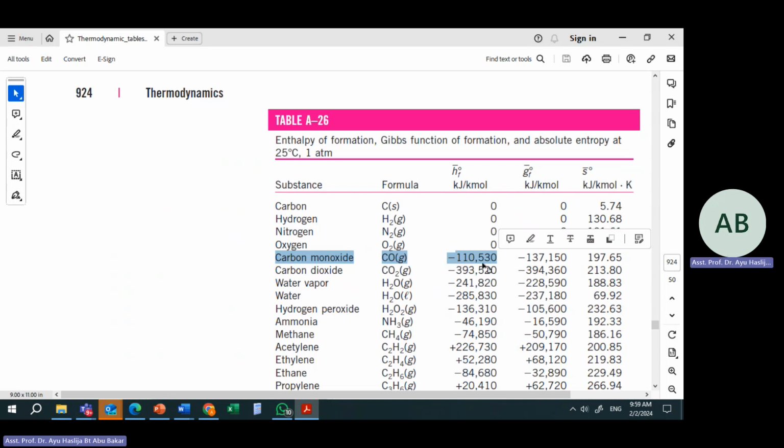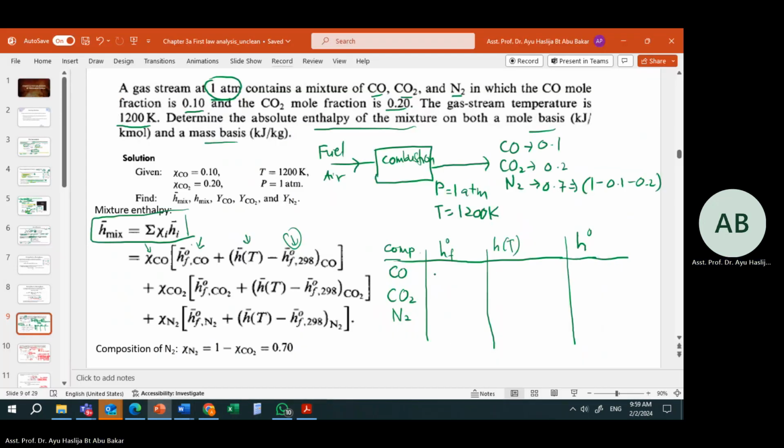So negative 110,530. Put it in the table. Next, look for CO2 and N2 also.